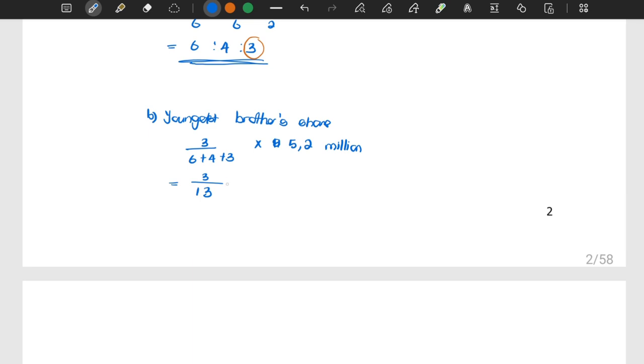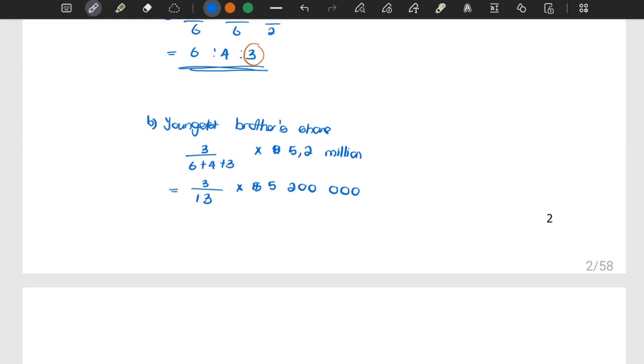Because 4 plus 6 is 10 plus 3, that's 13. Times, I'm going to write this out in expanded form. That's what it becomes, 5.2 million, 5,200,000. And then simplifying that, remember this is paper 1, so no calculator. 13 into 13, 1. 13 into 52, that is 4.